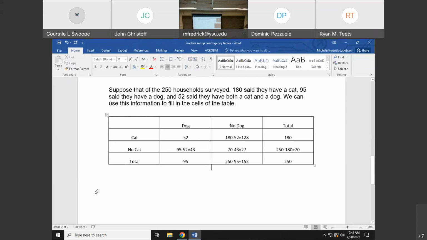They have a cat and a dog. Oh, it's in the center. So choosing one at random, probability that I have a cat and a dog would be the 52 divided by 250.